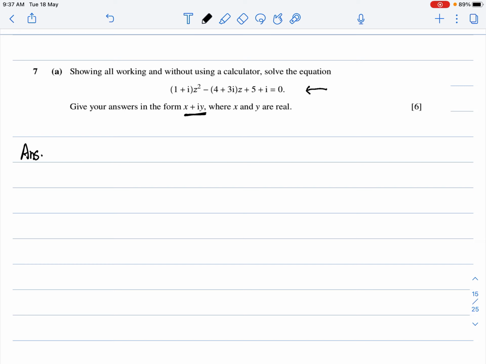So the formula for a quadratic is simply minus b plus minus the square root of b square minus 4ac over 2a. Correct?